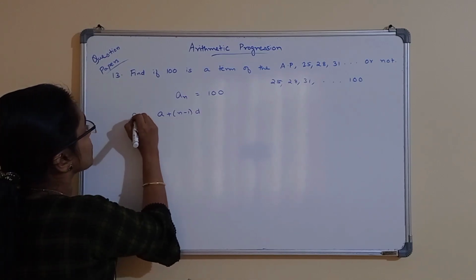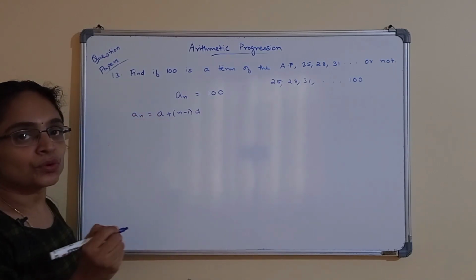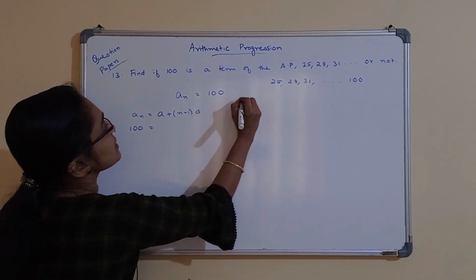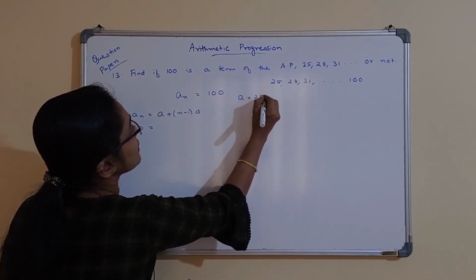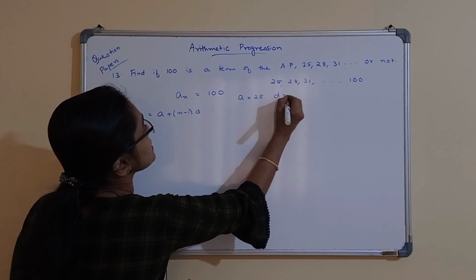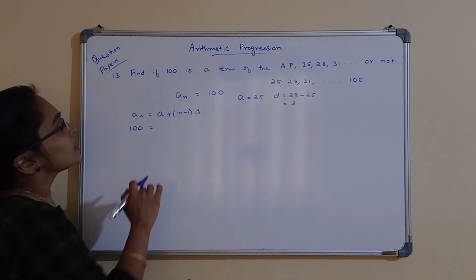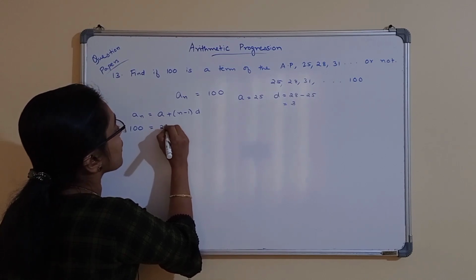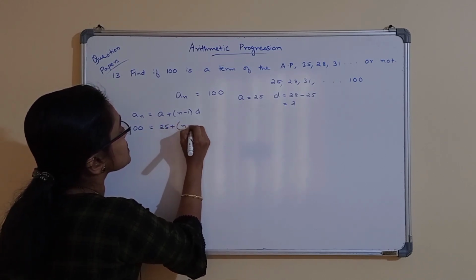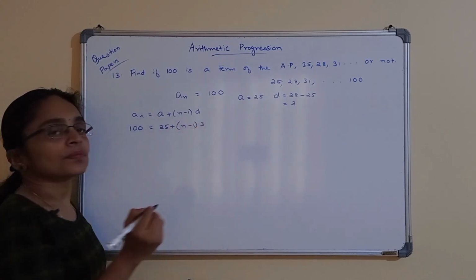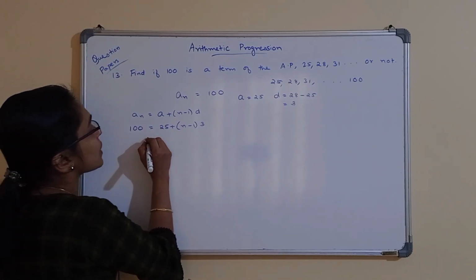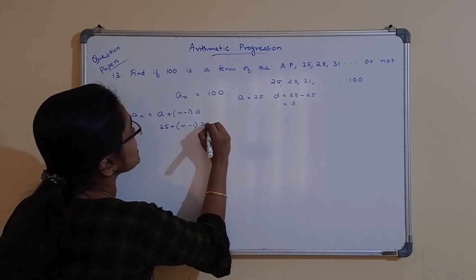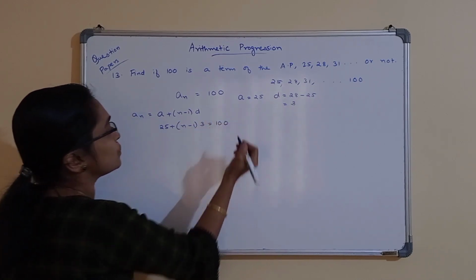An equal to A plus n minus 1 into D, which means 100 equal to A plus n minus 1 into D. Here A is 25 and D here is 28 minus 25, which is 3. So 25 plus n minus 1 into 3 equal to 100.